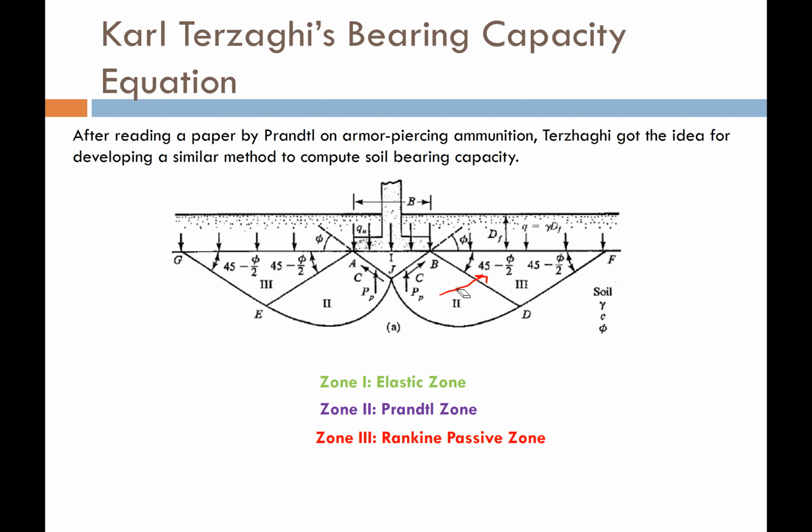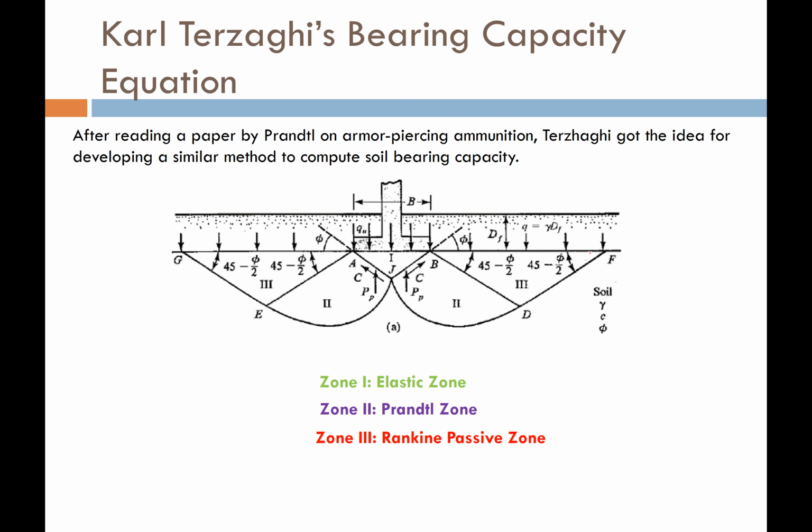So this Rankine passive zone is in compression, and it's just sliding up this failure plane towards the ground surface, just like a Rankine passive failure. So we have these three zones: the elastic zone, the Prandtl zone, and the Rankine passive zone, according to Carl Terzaghi's theory.